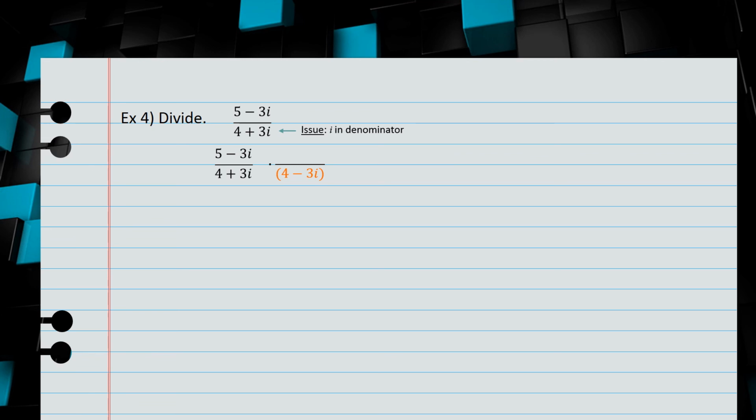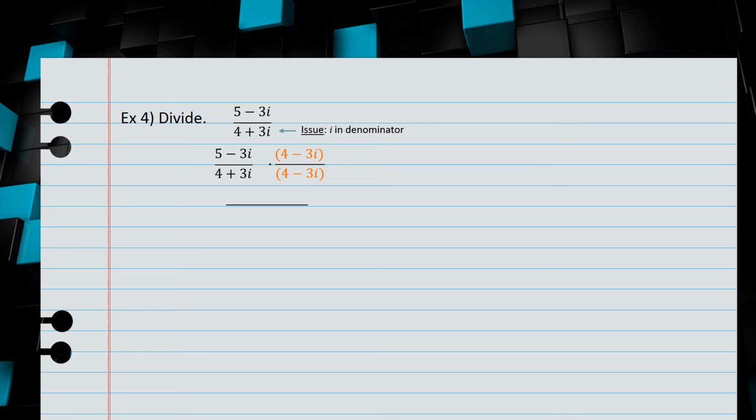However, I have to maintain the value of this fraction. So what you do to the bottom, you must do to the top. And so what we currently have is a fraction times a fraction. How do you multiply two fractions? Well, top times top, bottom times bottom.